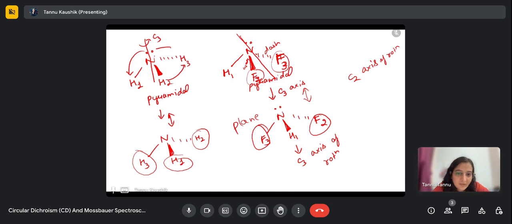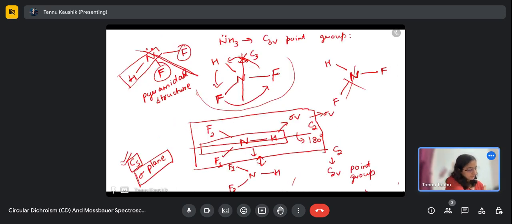We can pass C2 axis through the nitrogen and hydrogen bond, so that we will get equivalent structure. That was what I supposed. Okay.